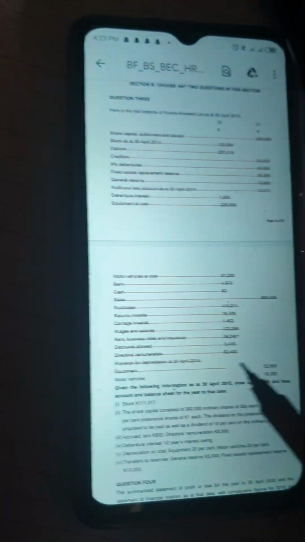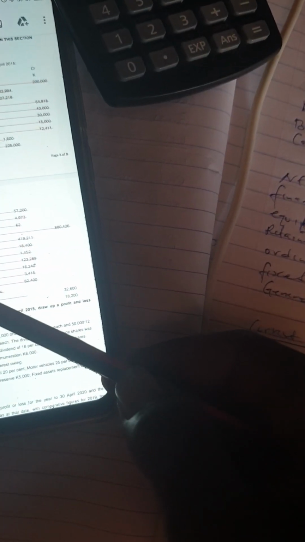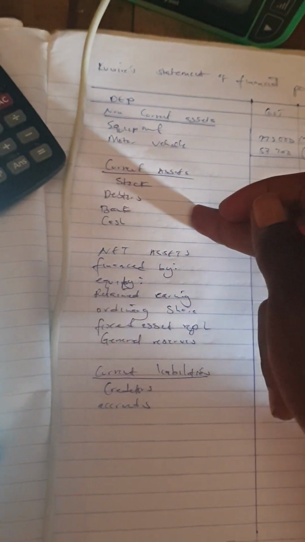Current liabilities, the first liability that we can't forget is creditors. The creditors figure in the trial balance was 54,818. Then from there we have accruals. We should not forget accruals. Prepayments come under current assets, but accruals are current liabilities.